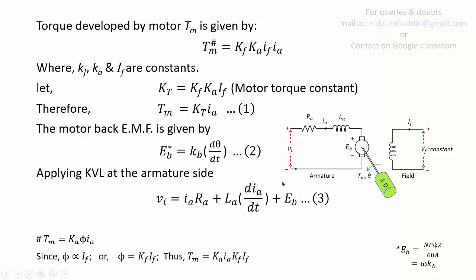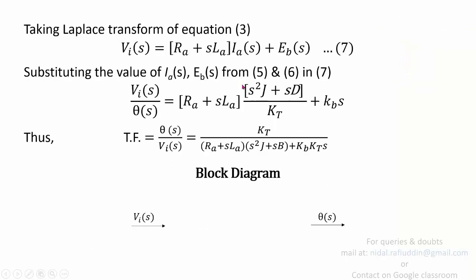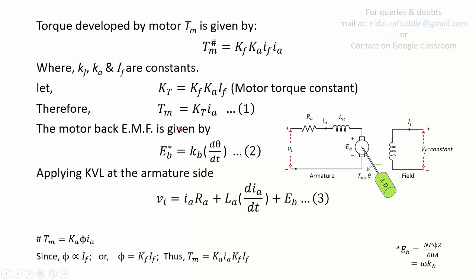Eb was an expression that connected the electrical system with the mechanical system. We applied KVL, then the Laplace transform, then obtained the free body diagram of the load, again applied the Laplace transform, and finally obtained the transfer function. This transfer function between the mechanical output and electrical input was possible because of the intermediate relation that connects the electrical quantity with the mechanical part, which is nothing but the back EMF.